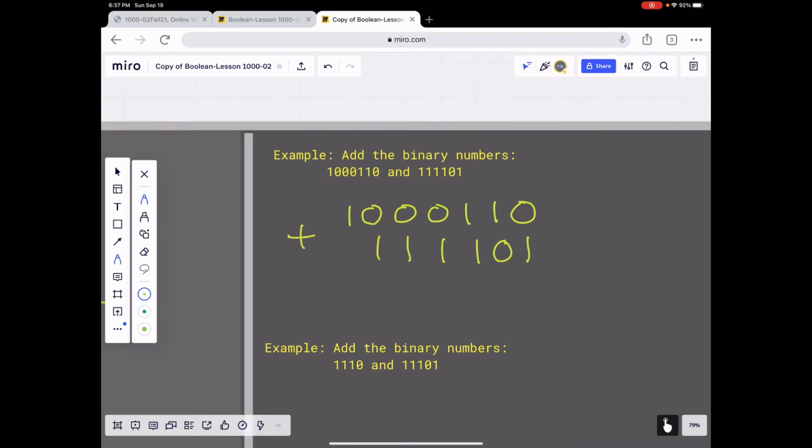Make sure they are in the right position. So let's add together.